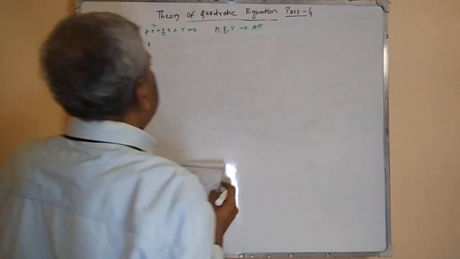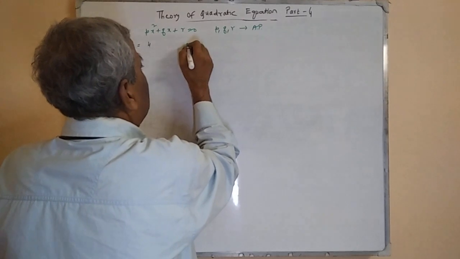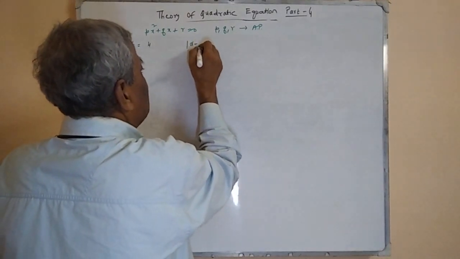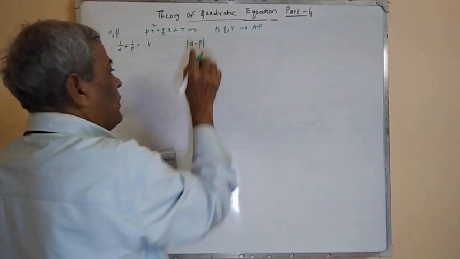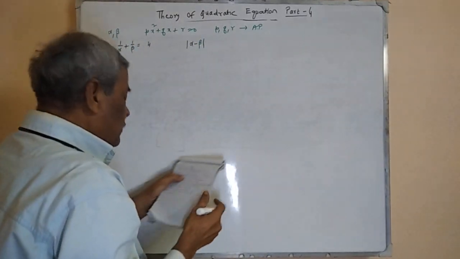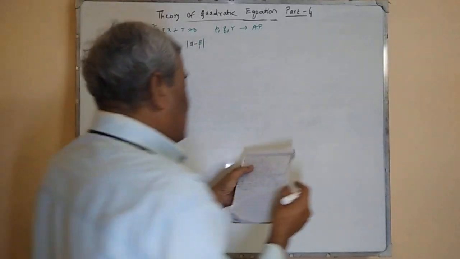Then find the numerical value of mod of alpha minus beta. Its numerical value we have to calculate.